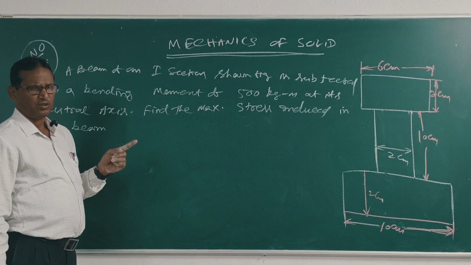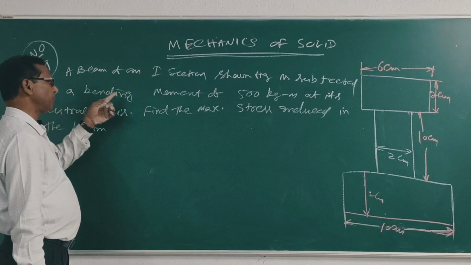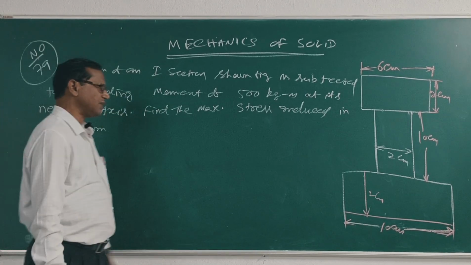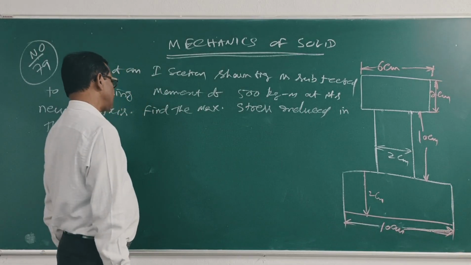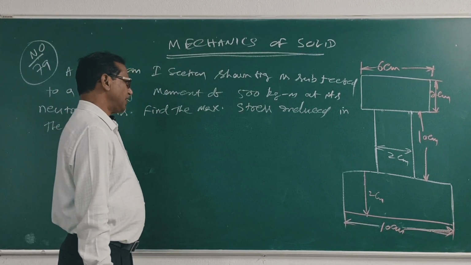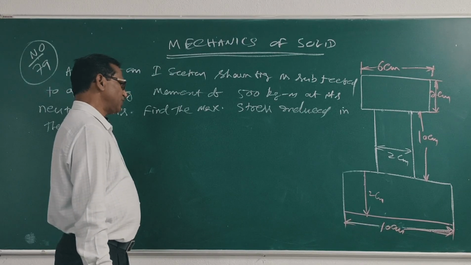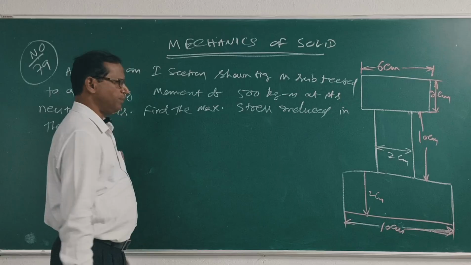I section, unsymmetrical beam. The question is, a beam of an I section shown in the figure is subjected to a bending moment of 500 kgcm about its neutral axis. Find the maximum stress induced in the beam.